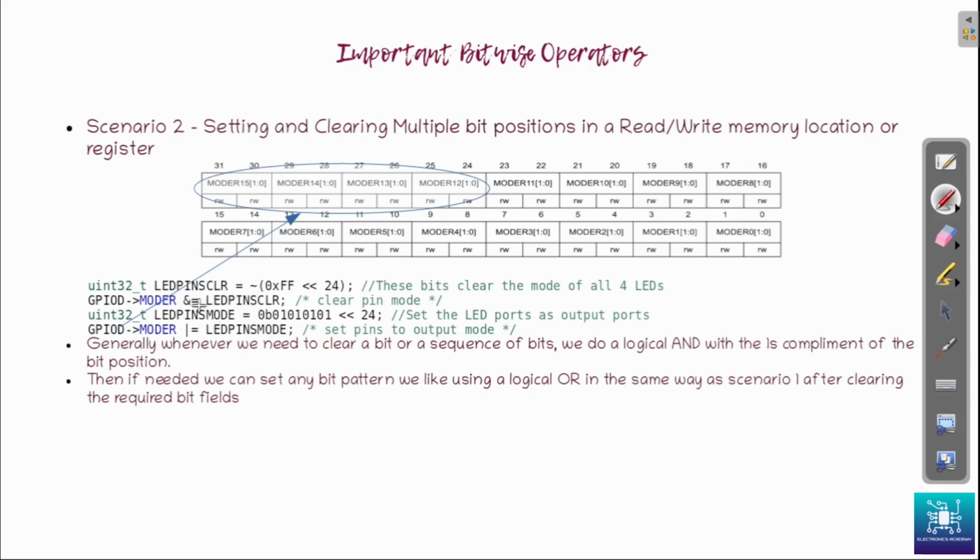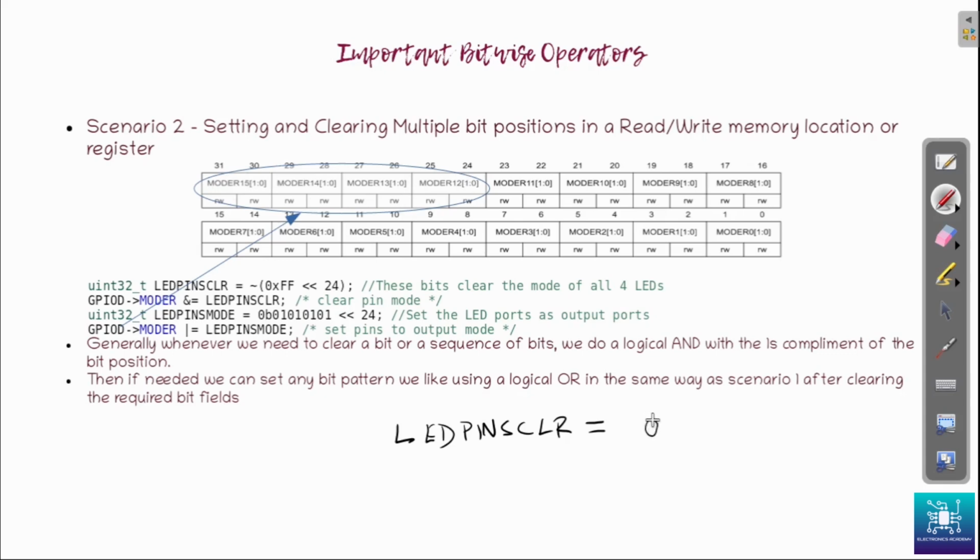So here you can see one variable, that is LED pins clear. Now, like before, instead of a 1 you have to put FF, right? Because it's 8 bits. 8 bits in hex is FF.